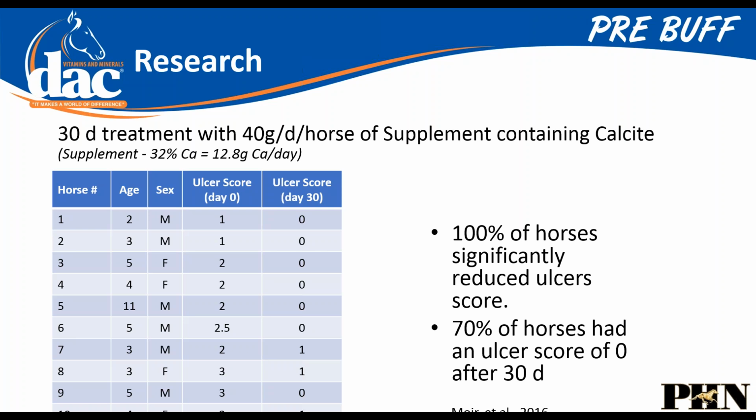Close to 3/4 of those horses, 70% of those horses, had an ulcer score of 0 after 30 days. Now, a lot of these horses didn't have very significant ulcers to start with. So just using a buffering product to buffer that strong acid enabled those horses enough time to heal their own ulcers and for them not to progress because we're buffering that acid.